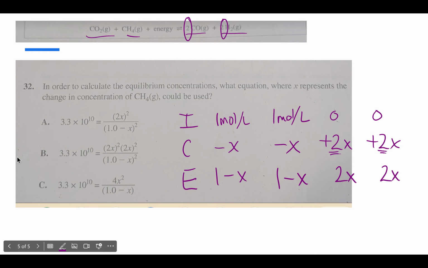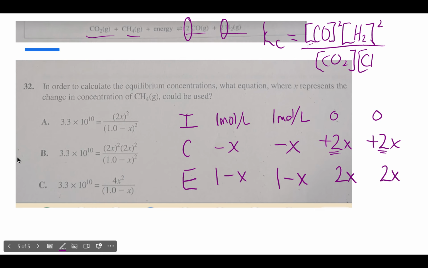Now, if you set up your Kc expression based on what we see from your equation, you would have the concentration of CO squared times the concentration of hydrogen squared divided by the concentration of CO2 and the concentration of CH4. So again, these 2's are coming in to be our exponents. So now if we replace what we know, and we know that at equilibrium, this is the part we want to use to fill in Kc. My CO is this one, so I'd have 2x squared times my hydrogen is 2x squared as well.